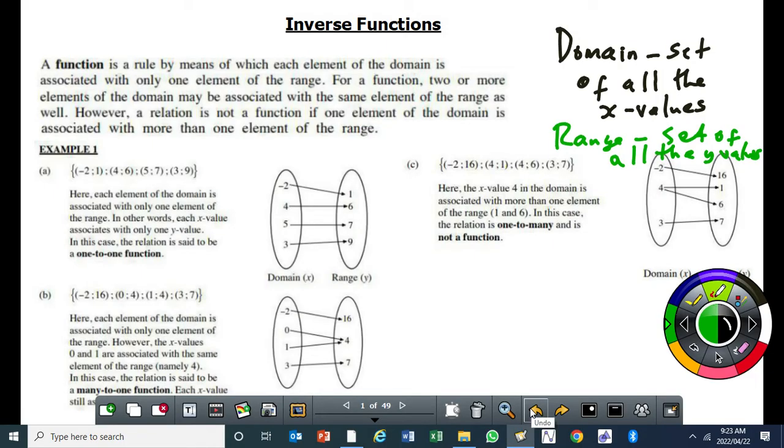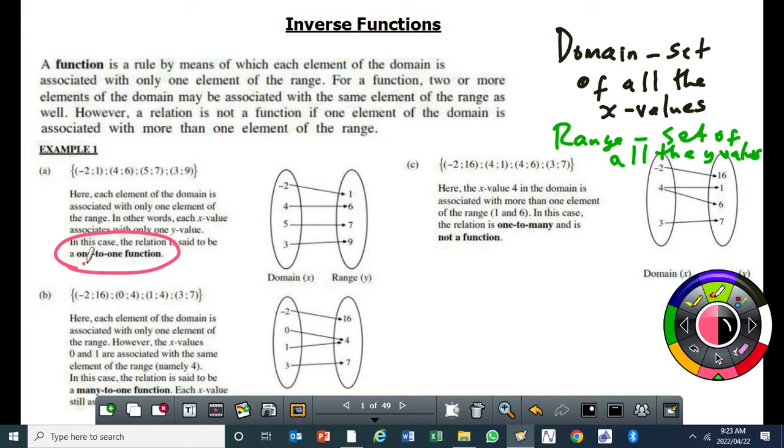All right. So when it comes to functions, we have got two types of functions. We have got what are called one-to-one functions, whereby you have one input giving you one output. The most common example of a one-to-one function is the linear function.